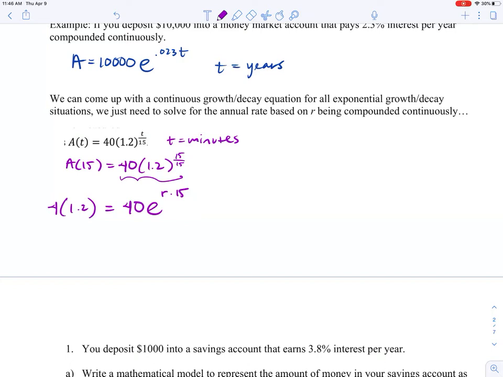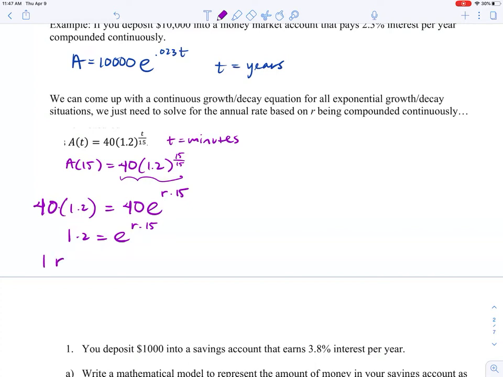It would be the rate per minute, but representing continuous growth for the population. So if we divide by 40 on each side, we would be left with 1.2 equals e to the r times 15th power.